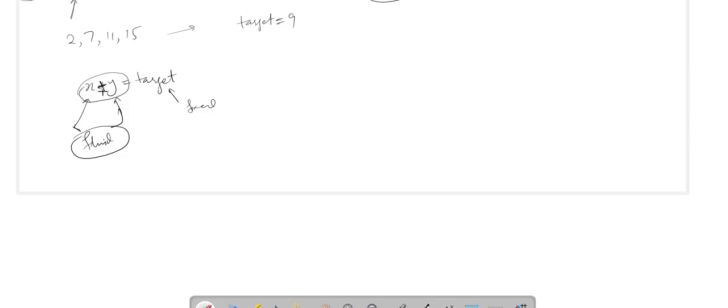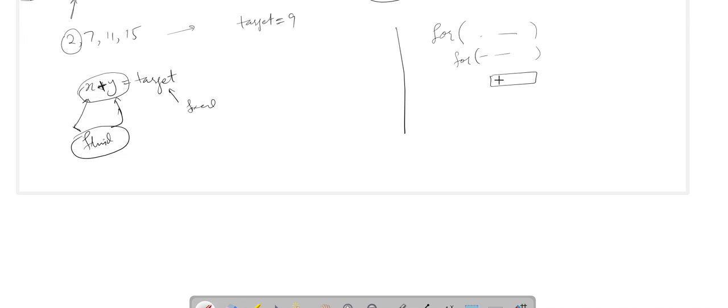So since these can be anywhere, it's going to be more expensive to look for the right pair by trying all the pairs, because this is mostly what is done in the brute force solution. You have one loop that is tracking one number, and then you have the other loop that is tracking the other number, right? And you have some conditions here, and then you're trying all the pairs.